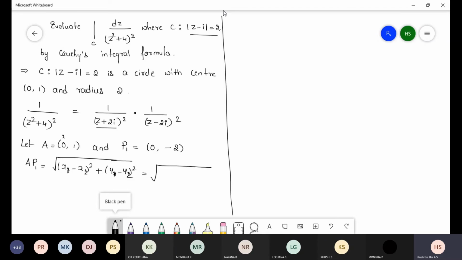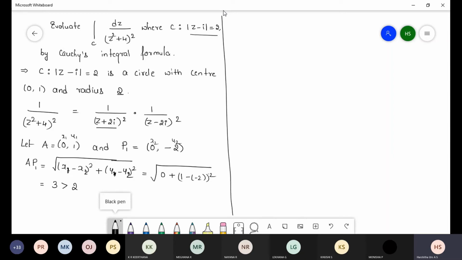Here, 0 minus 0 is 0 for the first term, plus the second one, 1 minus of minus 2 whole square. So we get 1 plus 2, 3. 3 square means 9, root 9 is 3. So it is greater than the radius 2.